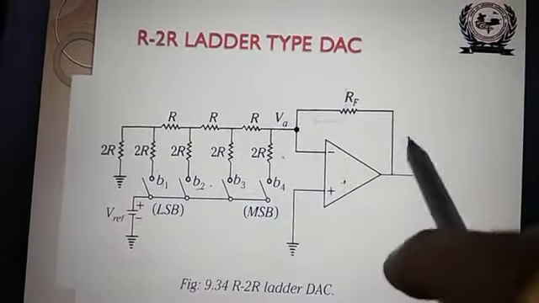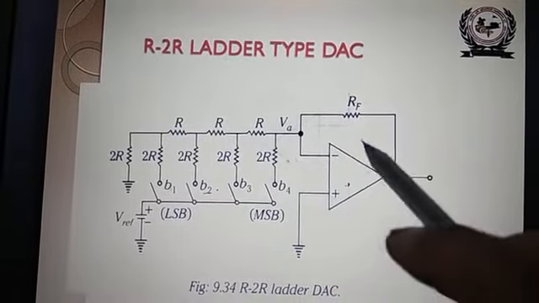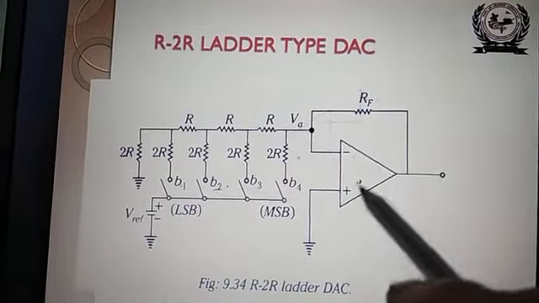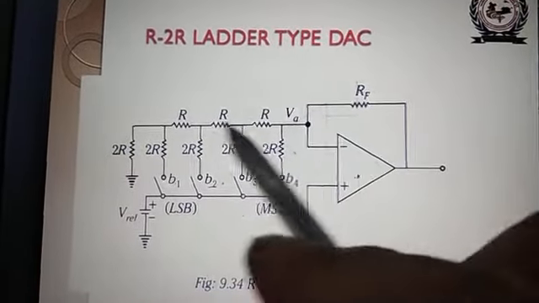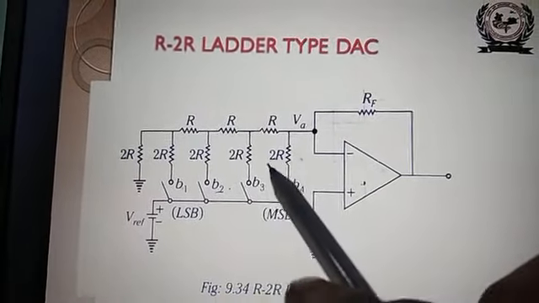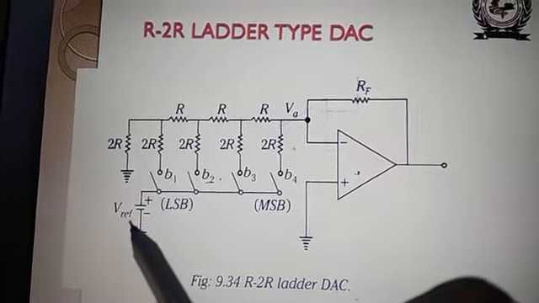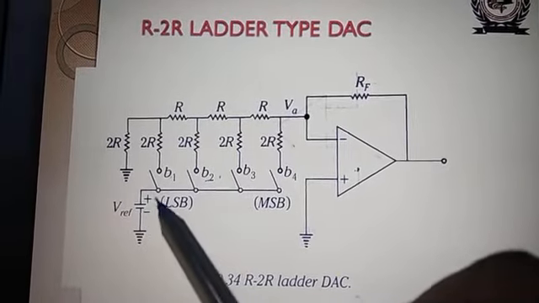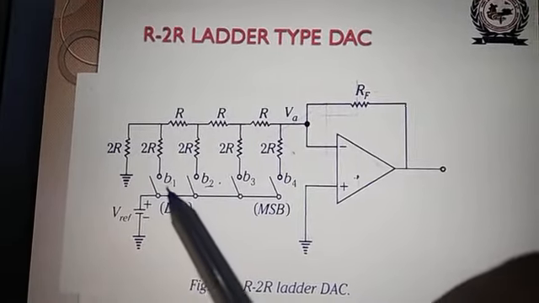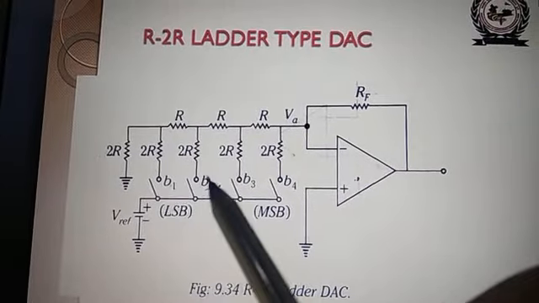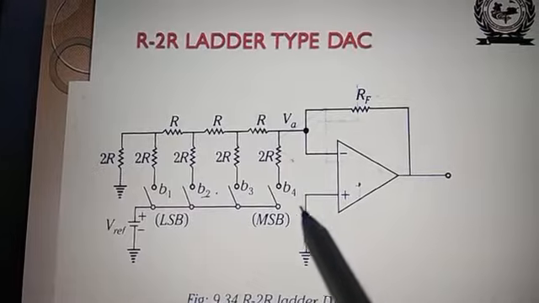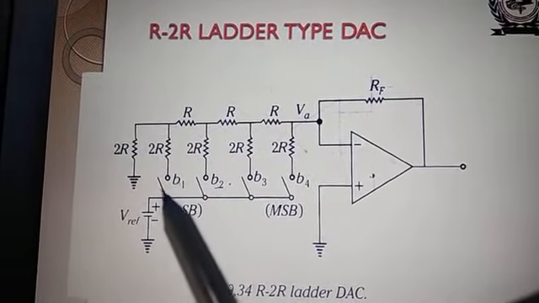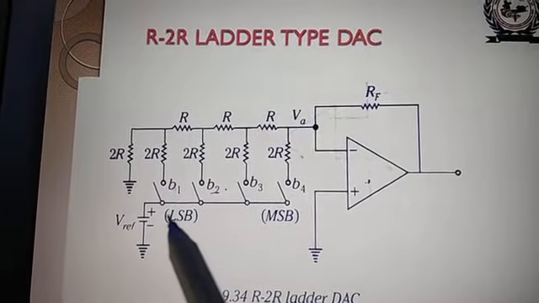Here you can see this is the inverting type amplifier. The non-inverting terminal is grounded, and with the inverting terminal this R to 2R ladder is connected. This is the reference voltage, and switches are there which will provide 0 or 1. Here B1, B2, B3 and B4. B4 is the MSB and B1 is the LSB.